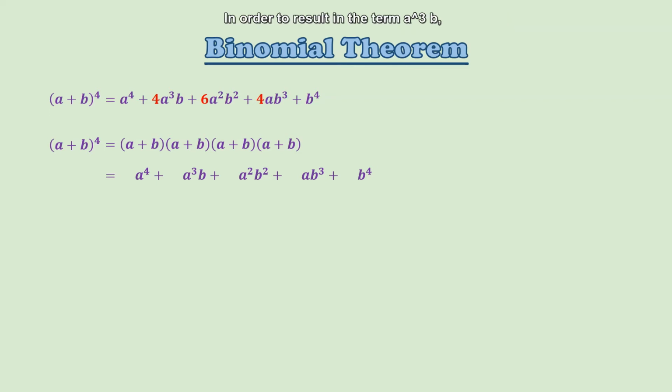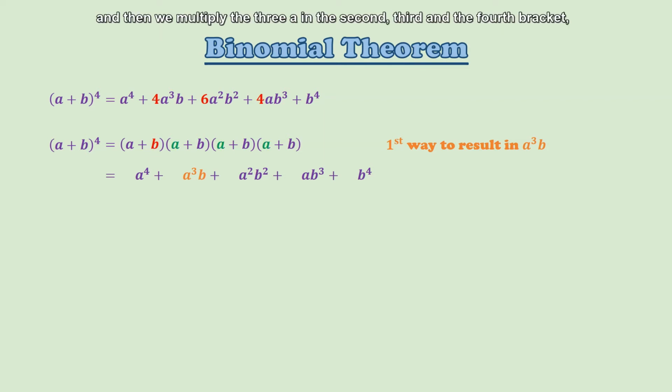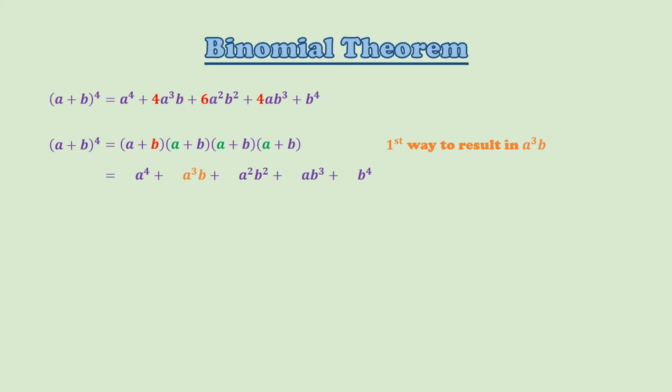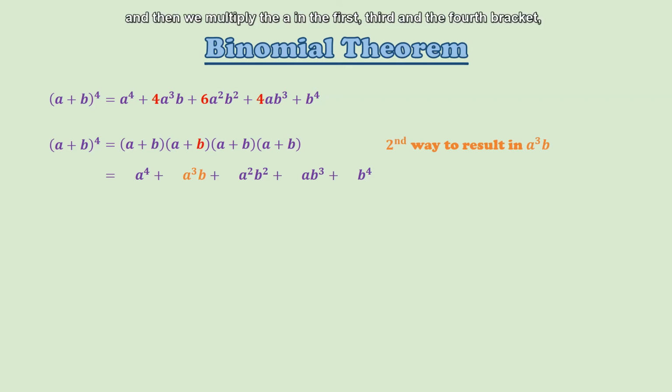In order to result in the term a^3 b, the first way to do so is to take the b in the first bracket, and then we multiply the 3 a's in the second, third, and the fourth bracket. Or we can take the b in the second bracket, and then we multiply the a's in the first, third, and the fourth bracket.